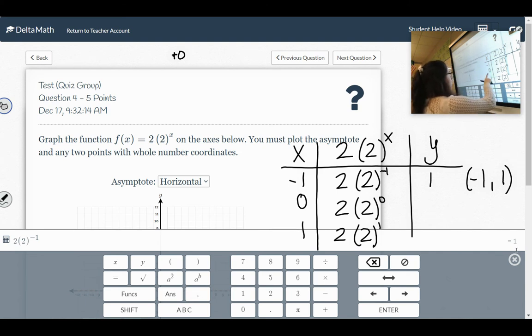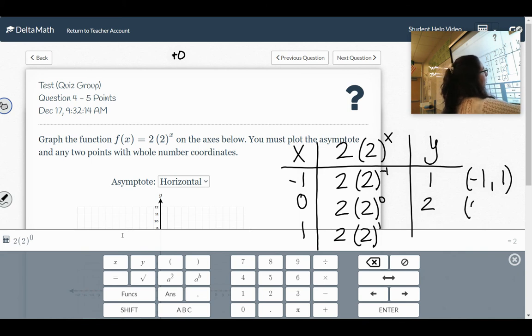The next thing we're going to do is plug in 0. So instead of hitting enter here on this equation, I'm going to come back into my calculator. I'm going to arrow over to -1, erase it and type in 0. So if you don't hit enter in this calculator, you'll always be able to go back and retype what you want to change. So we changed our exponent to 0, and when we change it to 0, we get 2 for y.